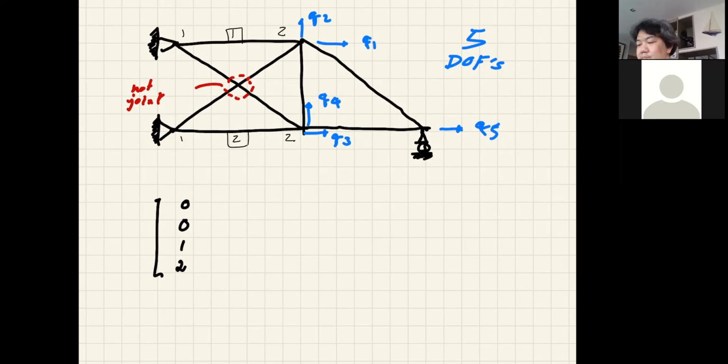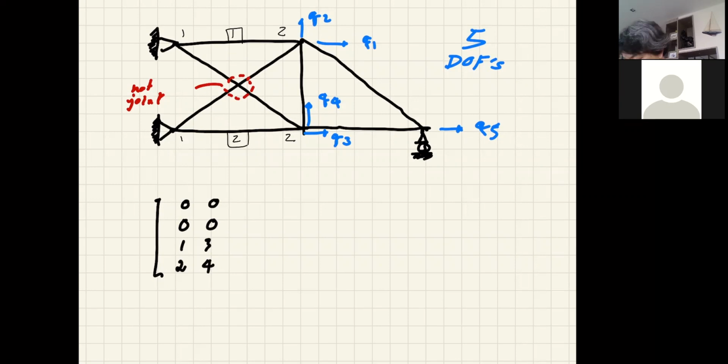Local node 1 is the hinge, so your code should be 0, 0. Your local node 2 is right where you have degrees of freedom Q3 and Q4, so it becomes 3 and 4. Right?